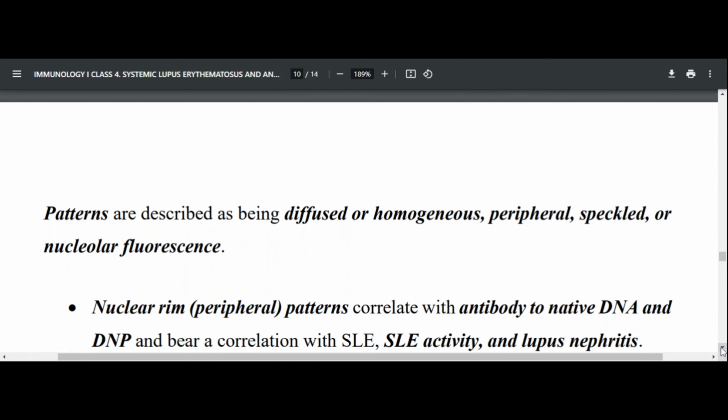Patterns are described as diffuse, homogeneous, peripheral, speckled, or nucleolar fluorescence. Depending on the pattern, you can interpret and try to identify which antibody might be involved in this reaction.